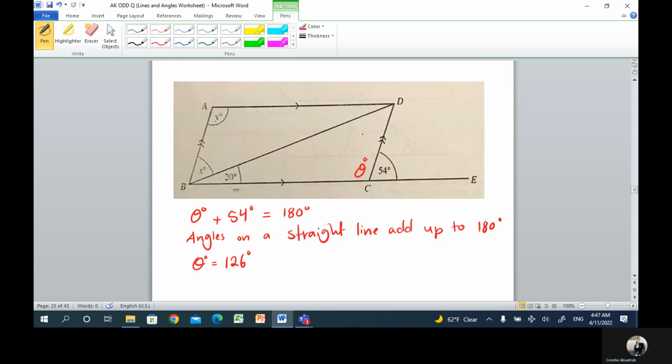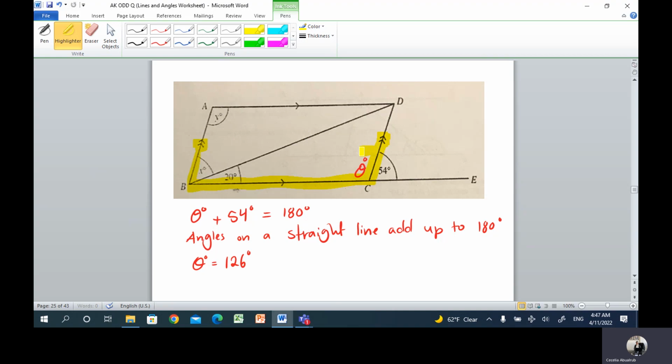And if you look at the parallel lines here, this is a parallel line, and then the line that is crossing both, and this is the other parallel line.